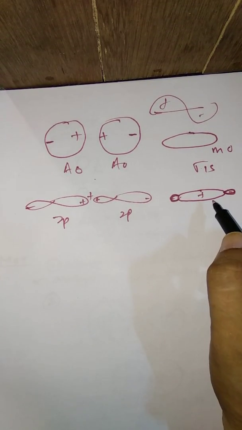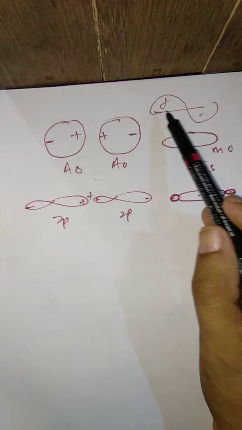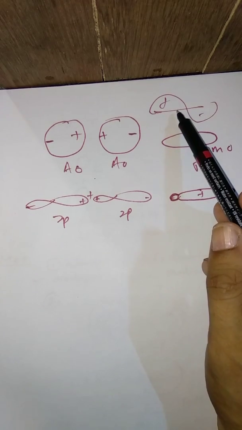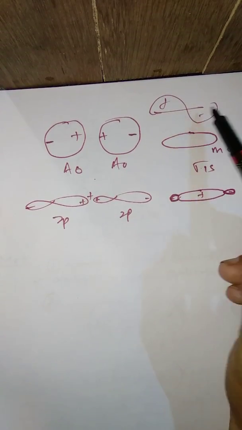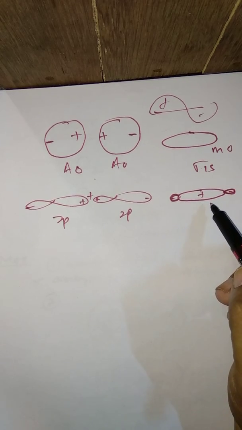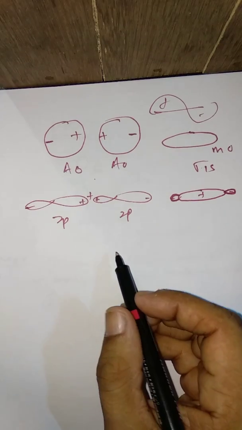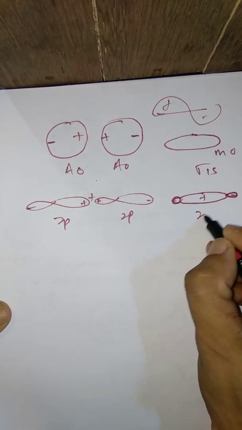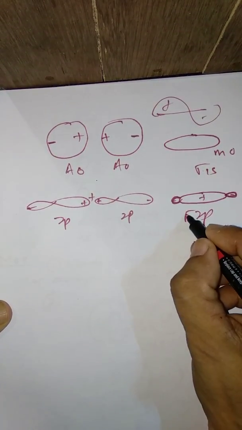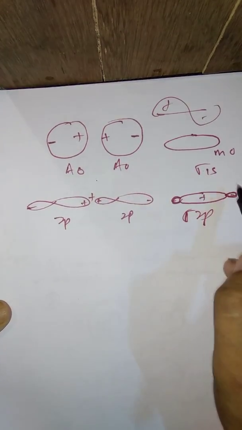As the probability toward the center increases, this will favor the stability, and hence if they are meeting in the same phase, they are favoring the probability of finding the electron toward the nucleus, and hence their stability is more. And that is 2p, sigma 2p.